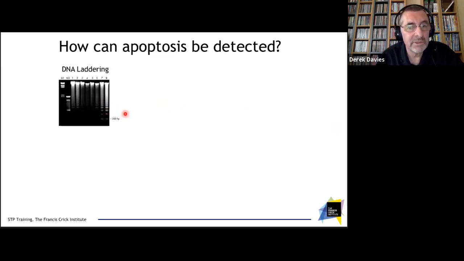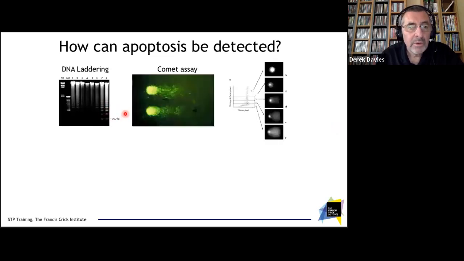We can see this characteristic laddering. We can also quantitate that a bit better by using something like single-cell gel electrophoresis, a thing called the COMET assay. Similar sort of principle. We look at the fragmented DNA because that will be able to be eluted out on an electrical field, and we can do this by image analysis or some form of image cytometry.